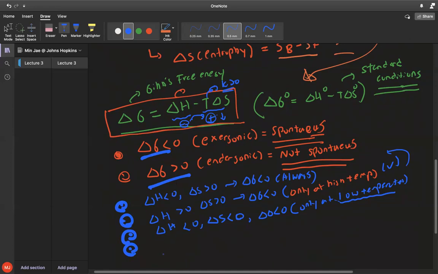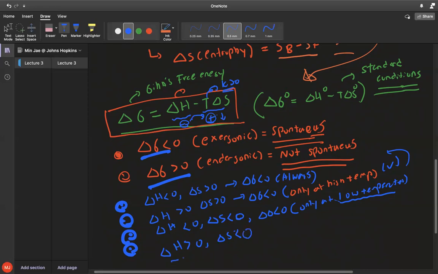As a last combination of variables, we can state the last one. Delta H is positive, and delta S is negative.